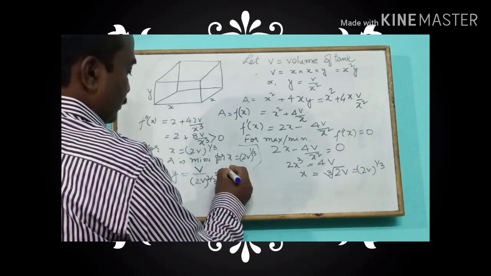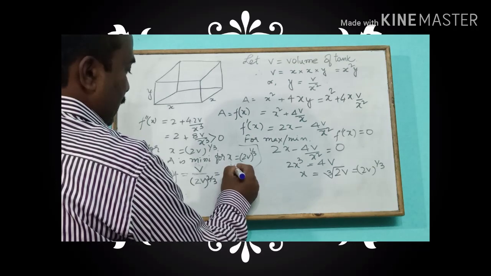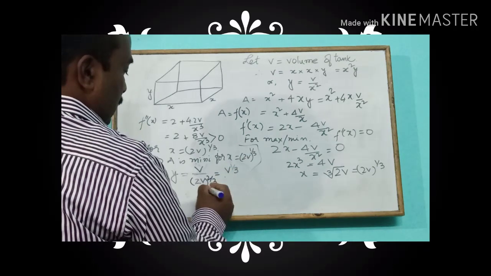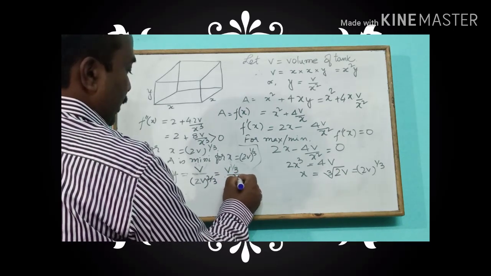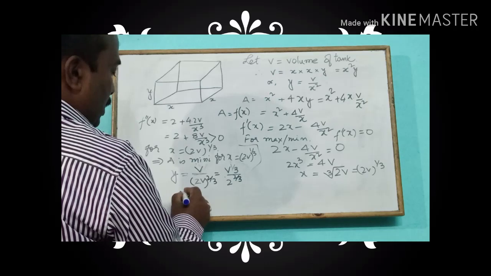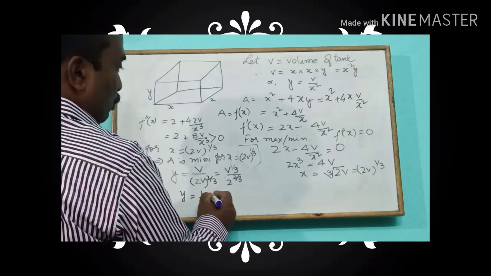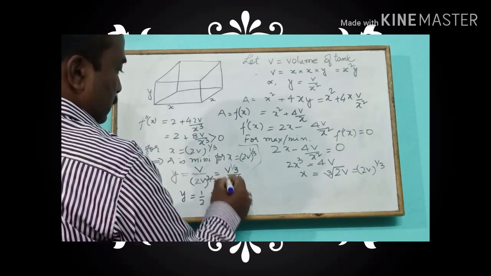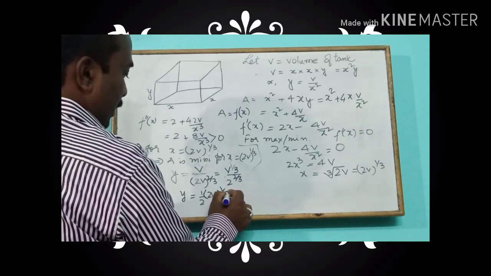That is v^(1/3) by 2^(2/3), that is y equal to 1 by 2 into (2v)^(1/3).